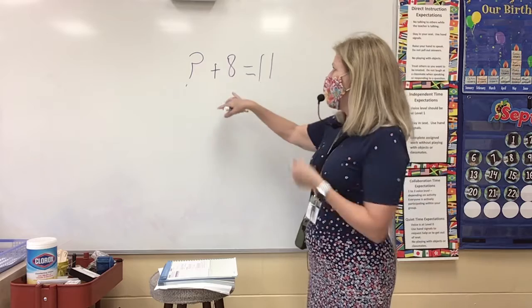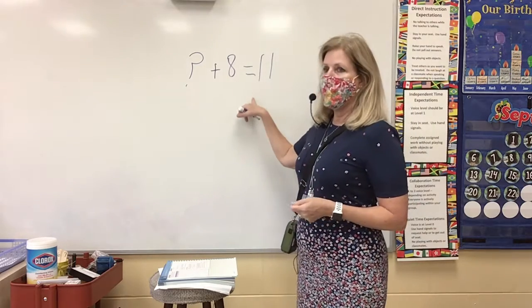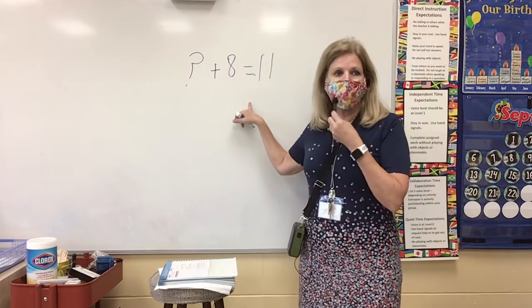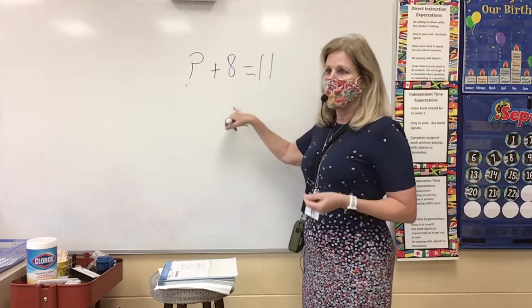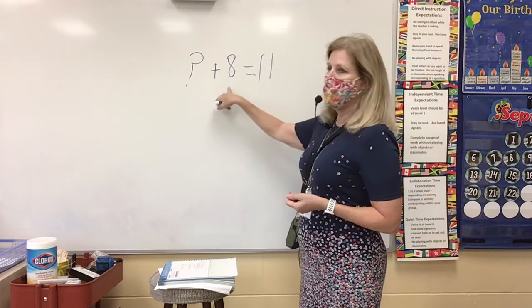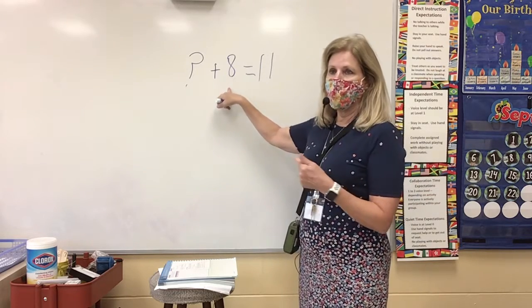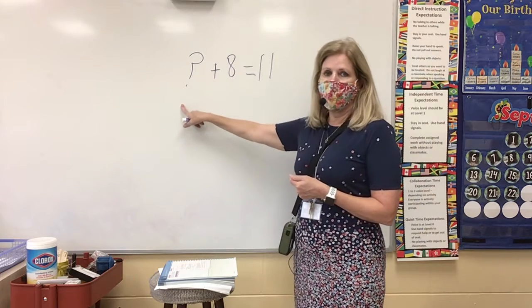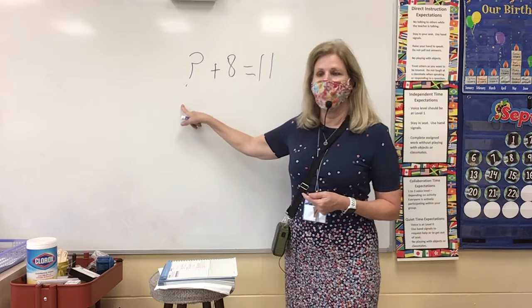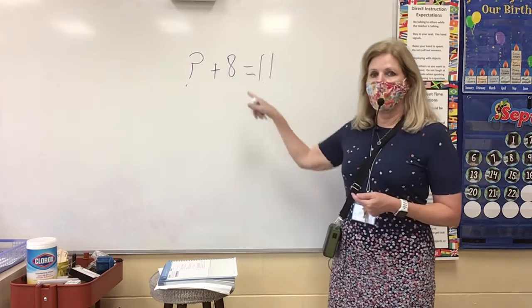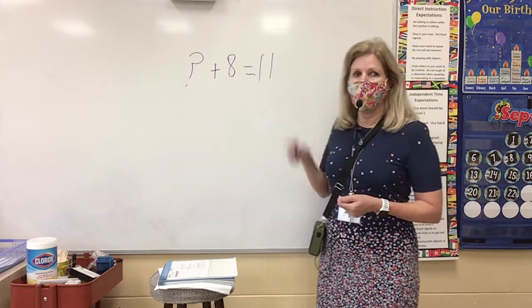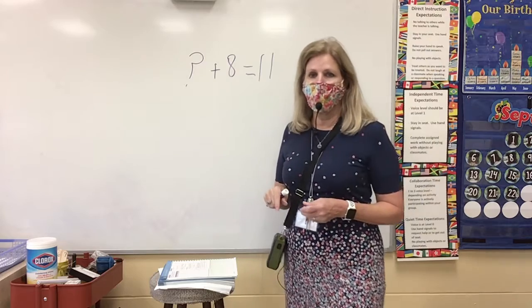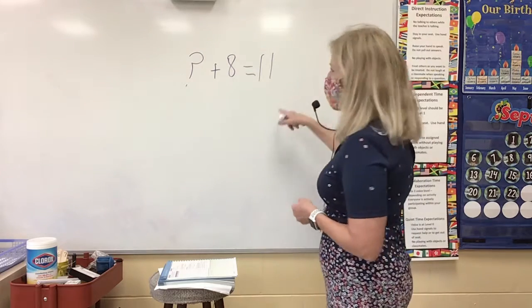Okay, so we know all together that there are 11 now. And 8 of those are here. We need to find out what goes with that 8, the other part, to get our whole of 11. Juliana. 3, okay?